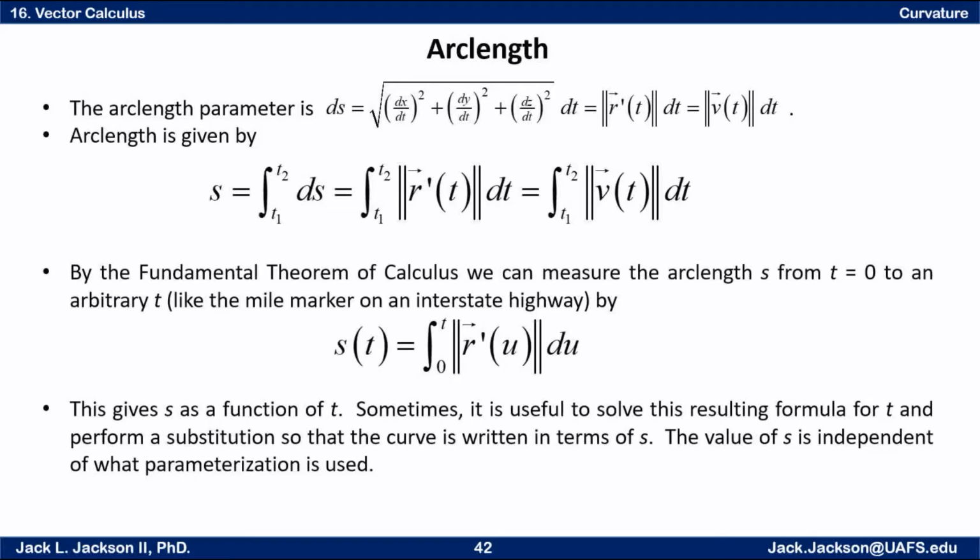And this gives s as a function of t. Sometimes it's useful to solve this resulting formula for t in terms of s, so that the curve can be written in terms of this arc length parameter s. And one nice thing about that is s is independent of whatever parameterization we use.